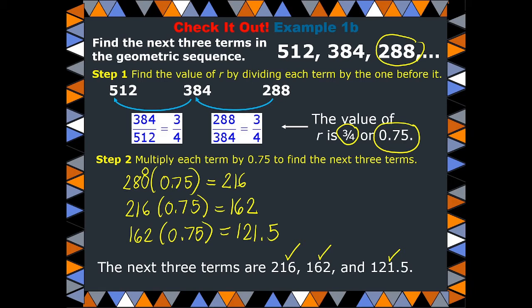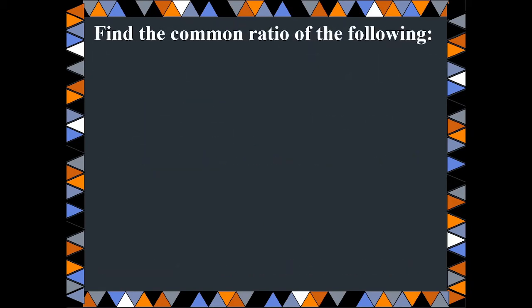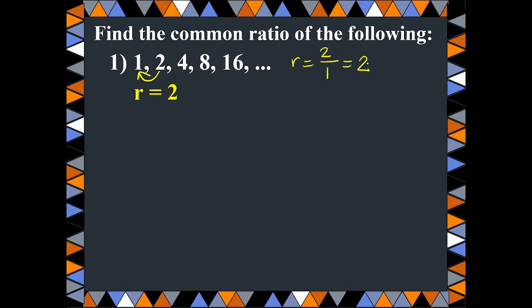Okay? Now, let's have a short activity. Find the common ratio of the following. To get the common ratio, I will divide a term by the term before it. So if I use this, 2 divided by 1 gives me 2. So the common ratio for number 1 is 2.